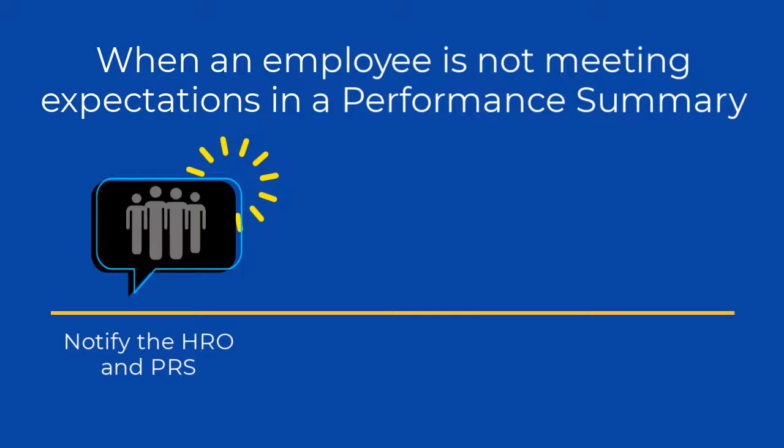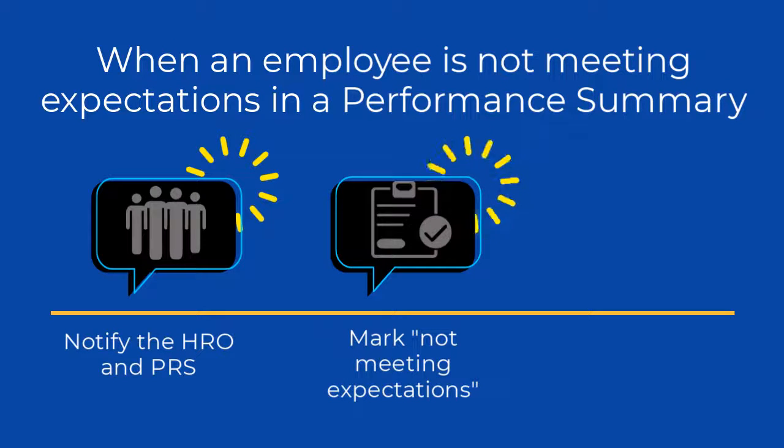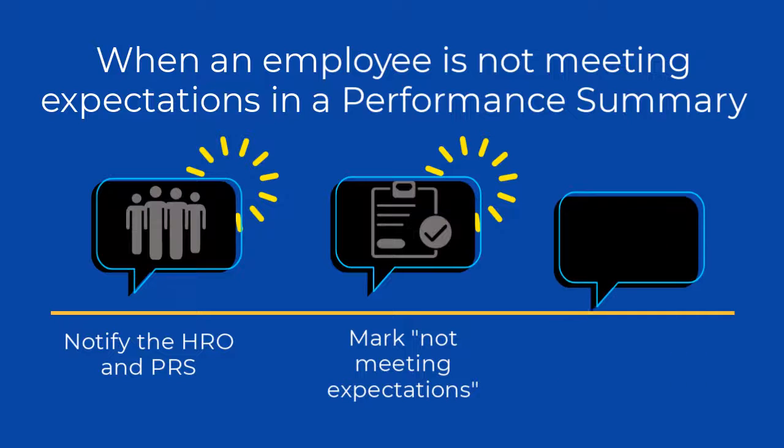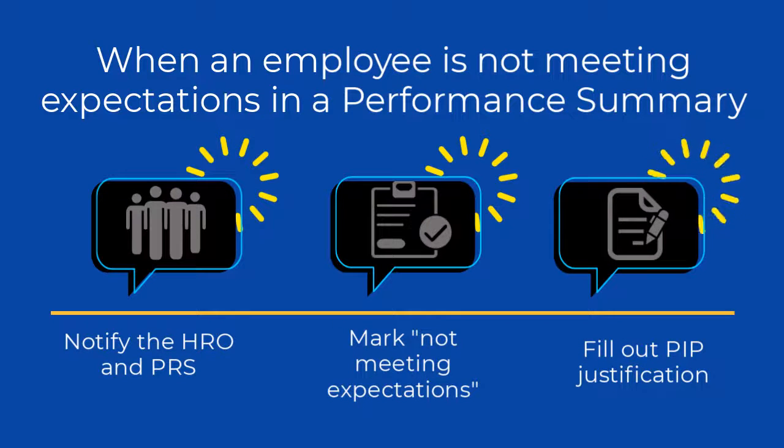The supervisor then marks not meeting expectations in the performance summary and fills out the PIP justification field. A PIP is automatically generated in the Performance Appraisal System, or PAS, once the performance summary is closed, assuming the employee is staying in their current position. If the employee has already accepted or moved on to a new assignment, contact PRS.